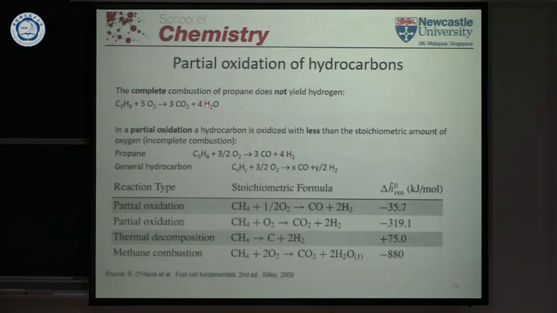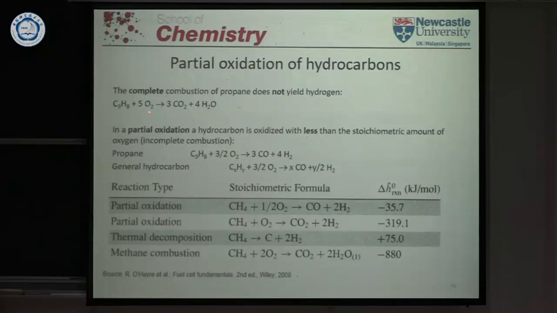Now the complete combustion, let's say if you take propane, is shown here in this equation. So propane plus 5 oxygen, that would be a stoichiometric amount, leads to CO2 and water. So if I have a complete oxidation of my hydrocarbon, then I wouldn't gain any hydrogen. I just get a lot of heat out of it, but no hydrogen.